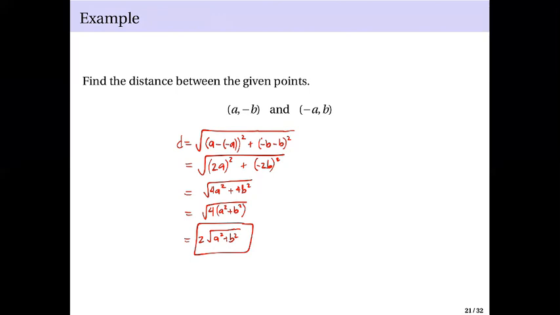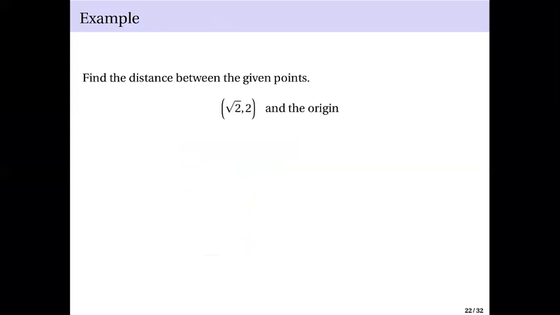Next problem here. Find the distance between the given points, square root of 2 comma 2, and the origin. So again, the origin has coordinates 0 comma 0.